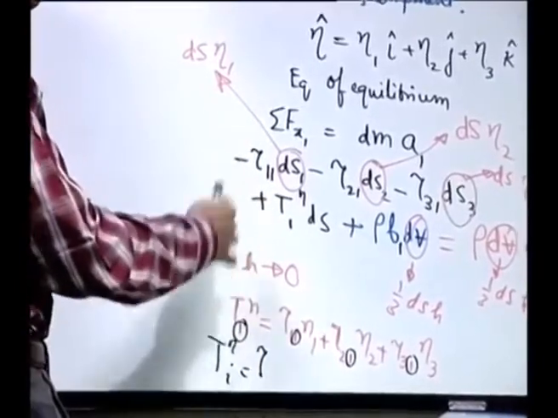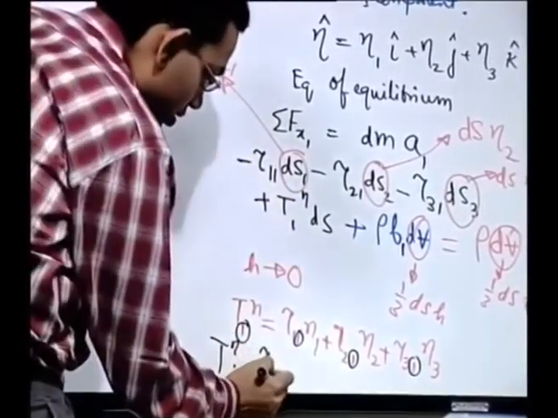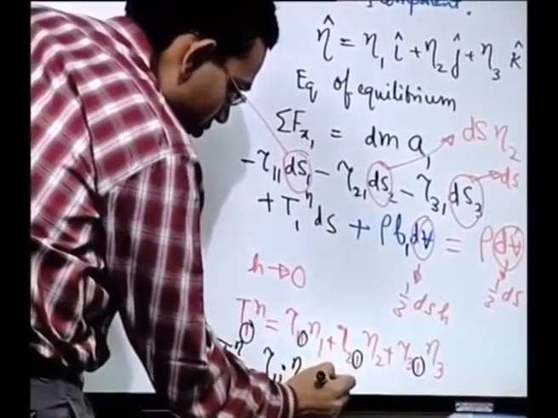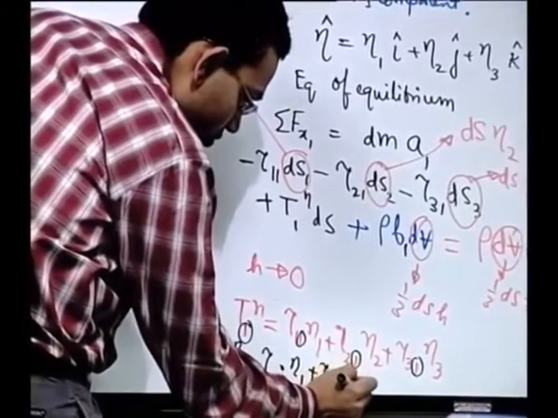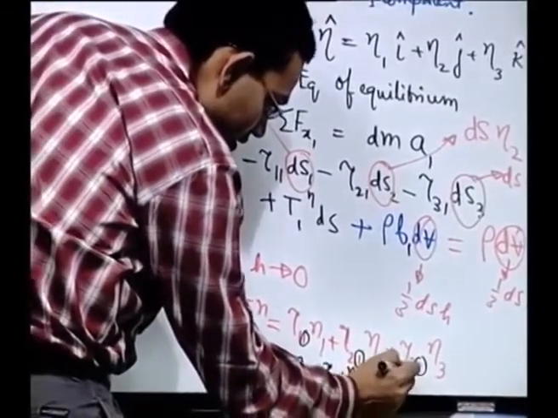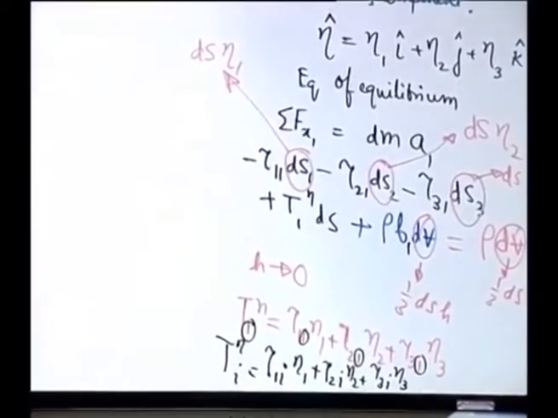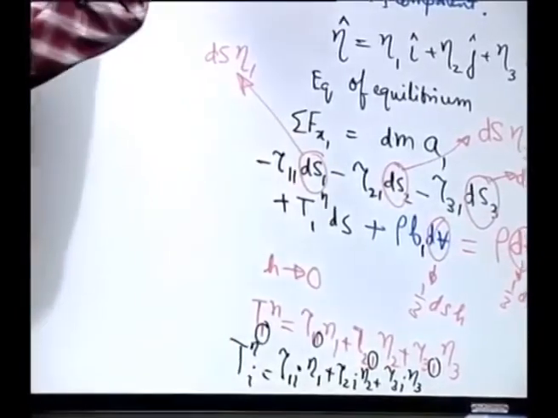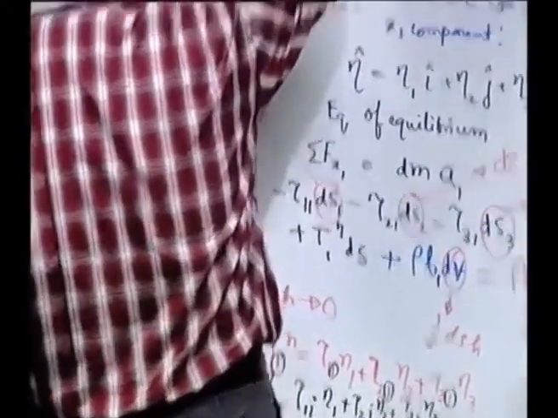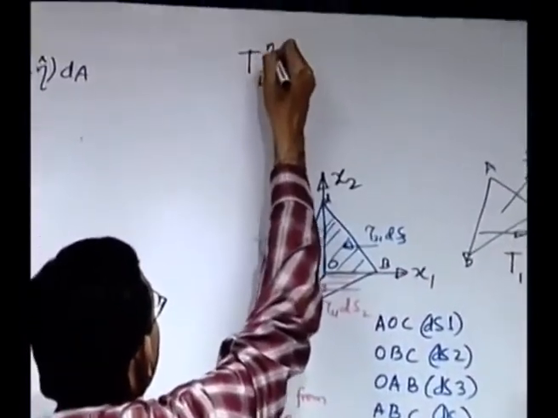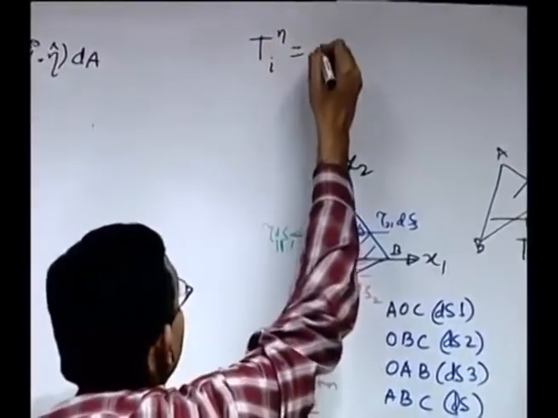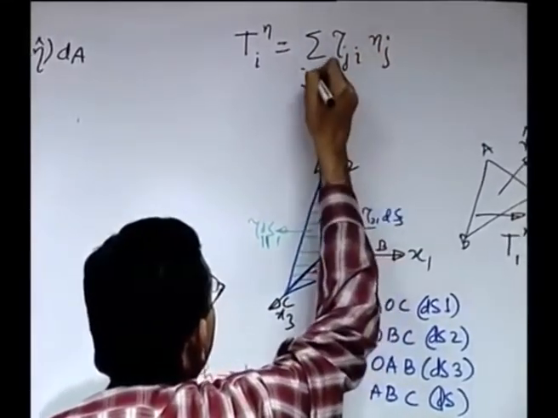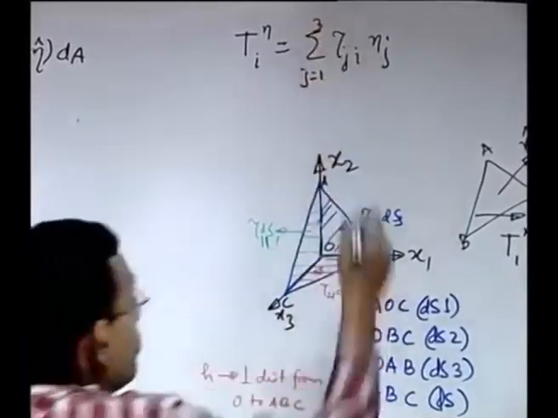So, this could be 1, 2 or 3, to generalize we call it I, tau 1I eta 1 plus tau 2I eta 2 plus tau 3I eta 3. So, in a compact notation we summarize our result, that we write tau I eta is equal to summation of tau jI eta j, where j is equal to 1, 2, 3.